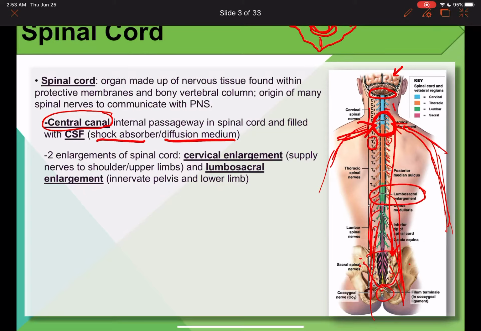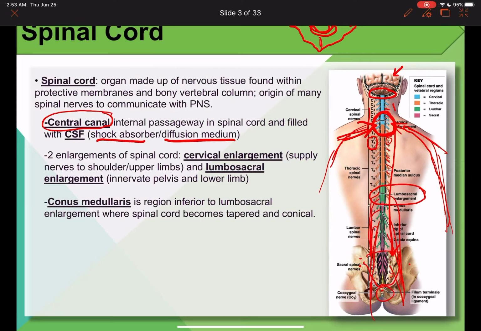Okay, so the conus medullaris is the region inferior to the lumbar enlargement, right over here. Okay, so this is the conus medullaris. Again, let me erase some of this stuff. So this conical region right there is the conus medullaris, okay?